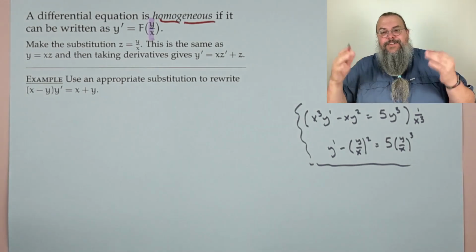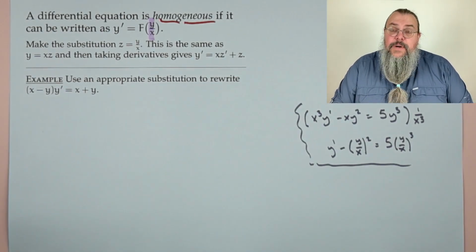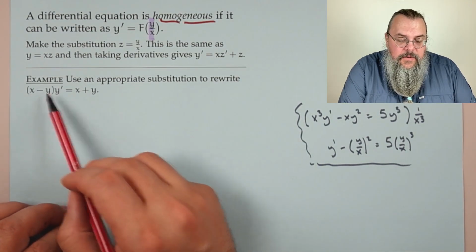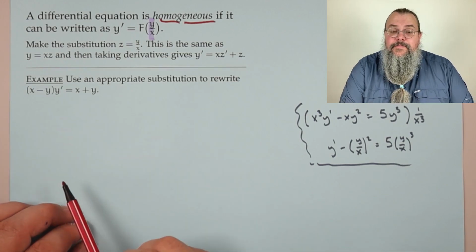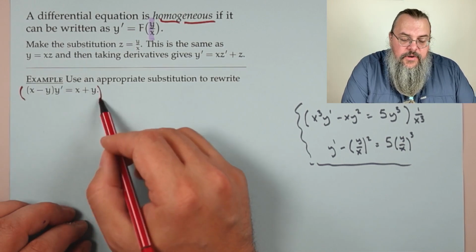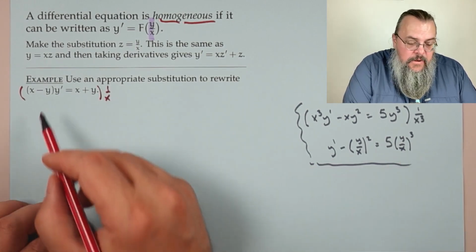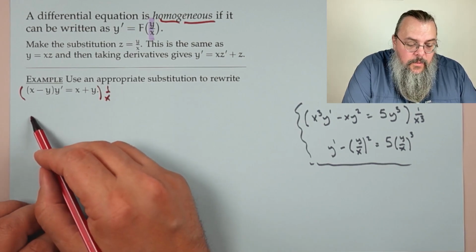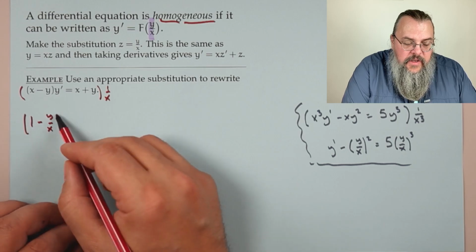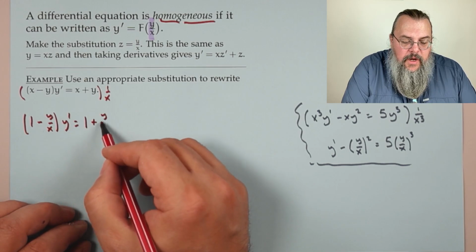Of course, because it's on the slide, so not surprising. But it makes sense, right? Because what do you see? We see degree 1, degree 1, degree 1, degree 1. They're all degree 1. And so if we were to multiply through by 1 over x, similar to what we did here, what we would have is 1 minus y over x times y prime is equal to 1 plus y over x.